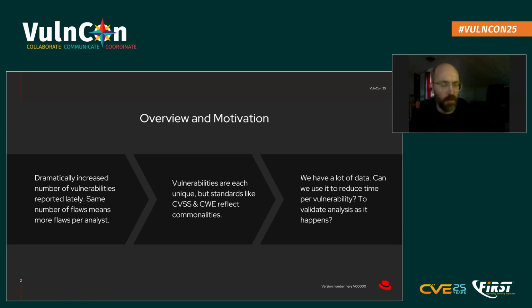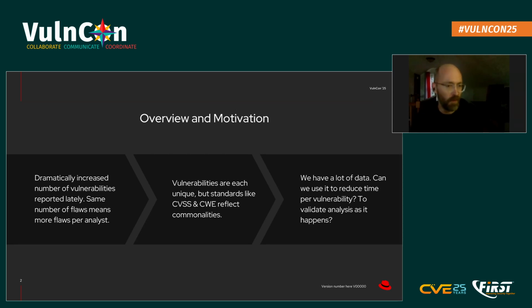All right, so first I'm going to talk about what exactly we're talking about here. I recognize the title is a little bit vague, so I will start with the problem that we're trying to solve. I don't think it'll be news to anyone here that the number of vulnerabilities being reported every year is growing, and not only that, the rate at which they're being reported is growing as well.